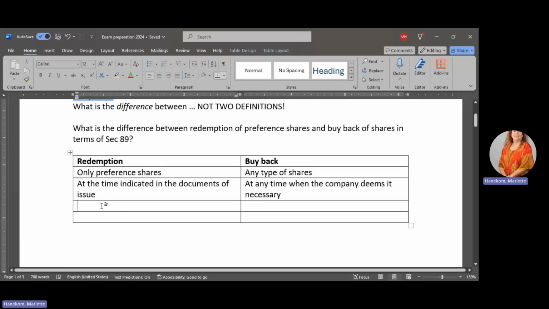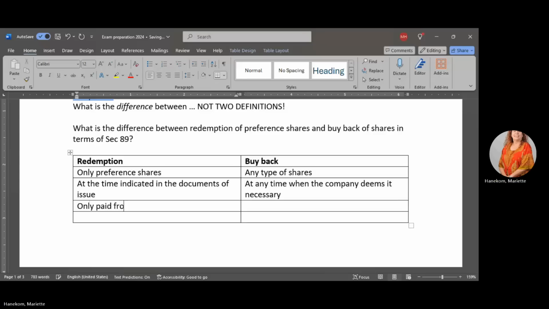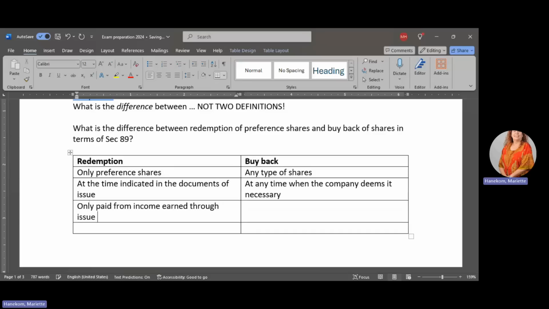More important difference, redemption of preference shares. Only paid from income from the issue of fresh shares, sorry, typo, or profits available for dividends.